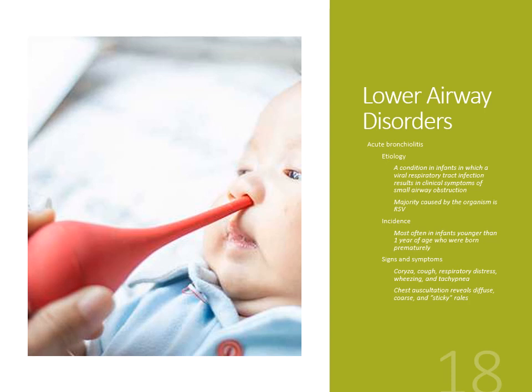RSV is highly contagious. It's a virus, and it has the greatest impact on the smallest infants. These infants are those that are younger than 6 months old. The peak incidence for RSV is 2 months to 6 months of age.